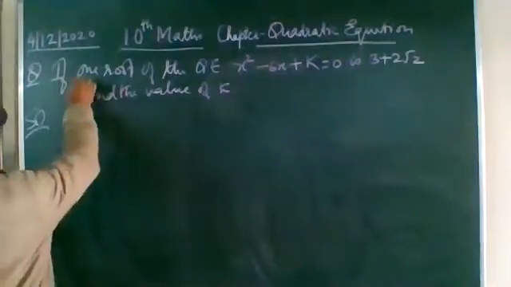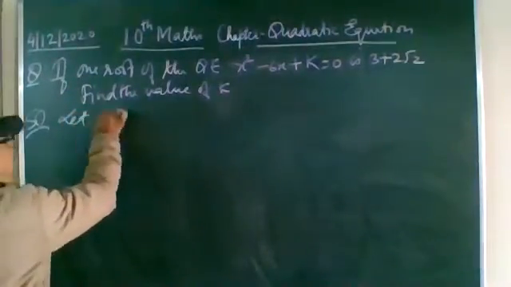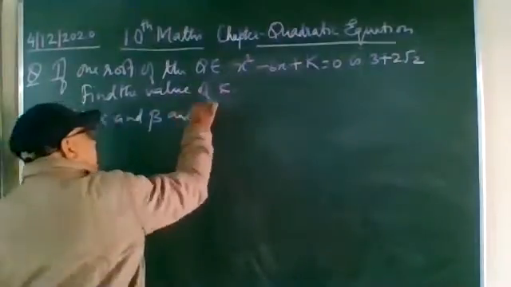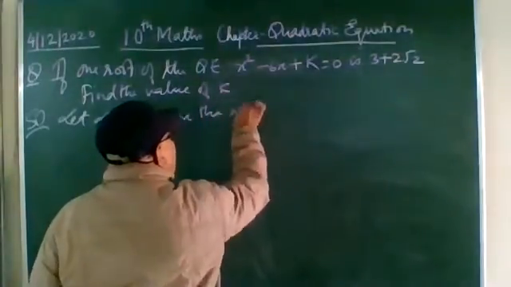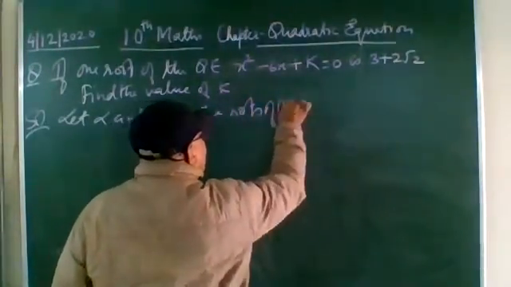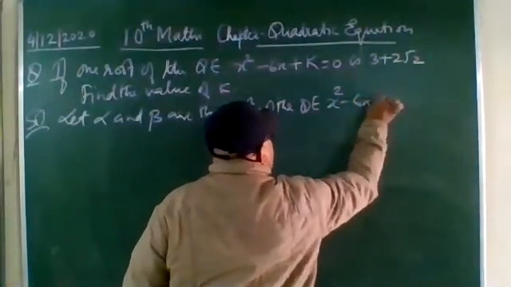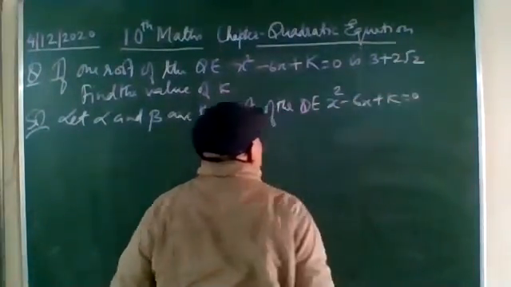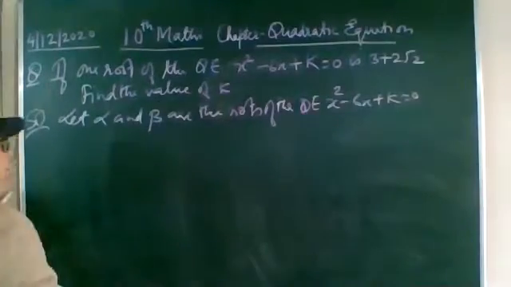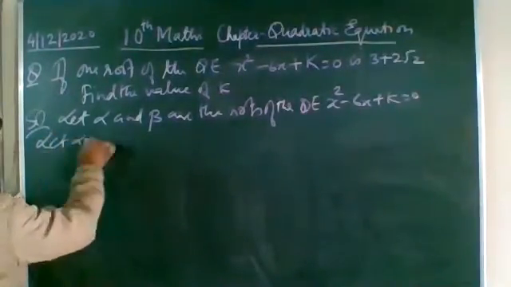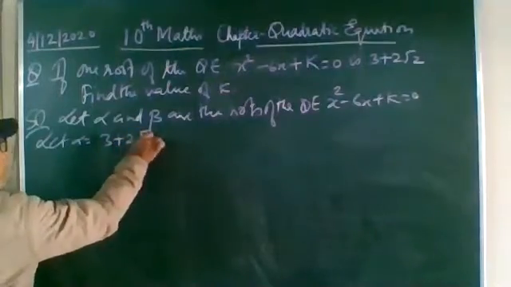Now, one root is given, so let alpha and beta be the roots of the quadratic equation x square minus 6x plus k equal to 0. One root is given, so you can take alpha equal to 3 plus 2 root 2.